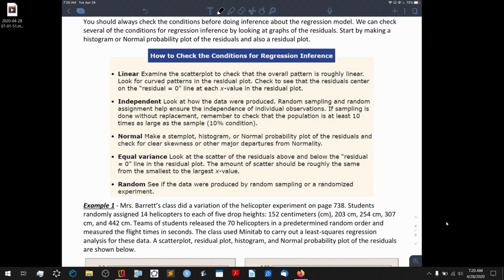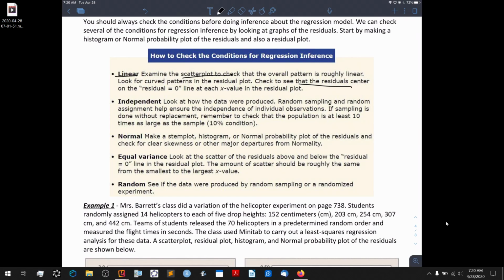Conditions checking for inference for a slope of a population regression line. For linear, you look at the scatter plot, and then also look at the residual plot. We've done this before in chapter 3.